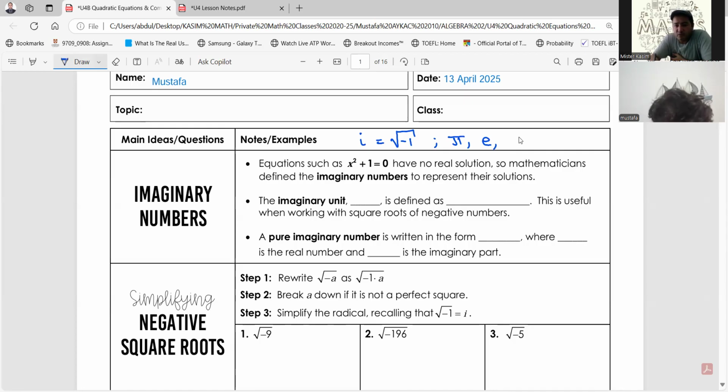Pi is approximately 3.14, e approximately 2.71. And we have another number, the golden ratio, phi, approximately 1.6. We have a few, not a lot, but for me these are very important, beautiful numbers. It is weird to understand, but it's very important.